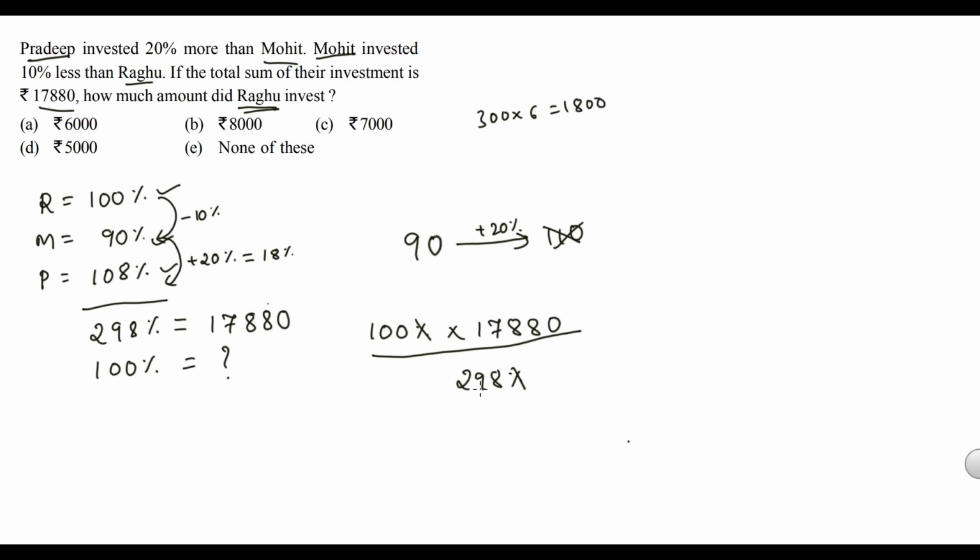But here it is 2 less, so 6 times 2 is minus 12. 1800 minus 12 is 1788. We can say 298 one time, 298 6 times, and a 0. 60 into 100 is 6,000. So you can say the investment of Raghu is 6,000.